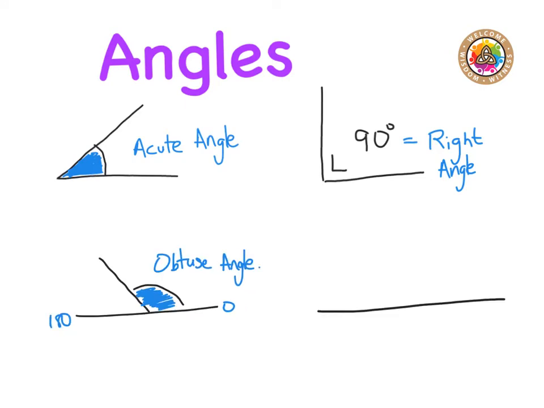Here, if I have a straight line and an angle over it here, for example, that's exactly 180 degrees. So that is called a straight angle.